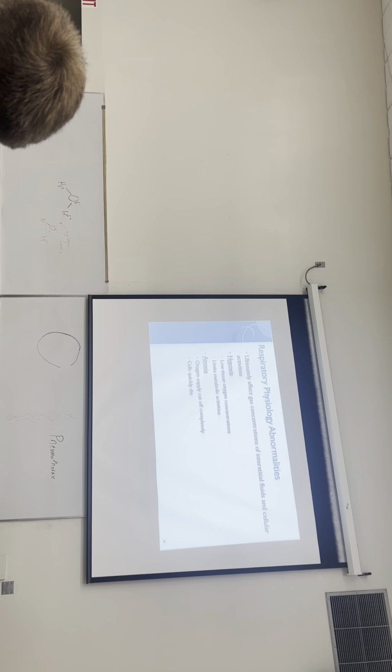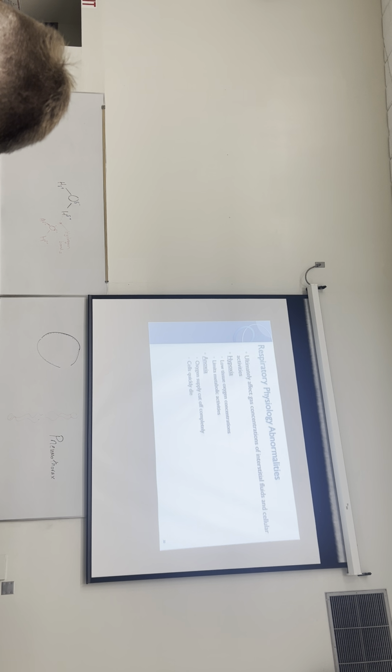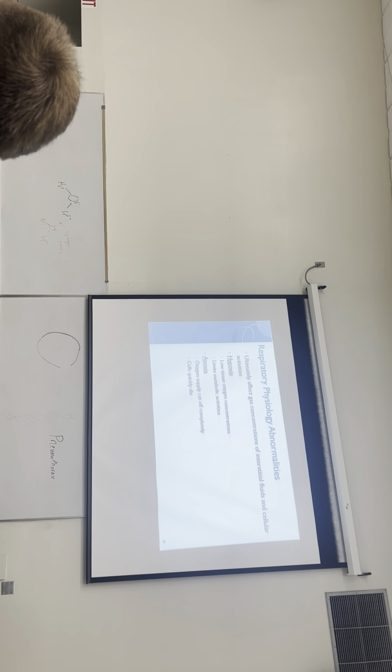Okay. So first of all, let's talk about some terminology. Hypoxia basically means decreased oxygen. It doesn't tell us where, but usually we mean hypoxemia. But we can also talk about tissue hypoxia, where the tissues themselves have less oxygen. If we have hypoxemia, it will result in tissue hypoxia, but not all tissue hypoxia is because of hypoxemia.